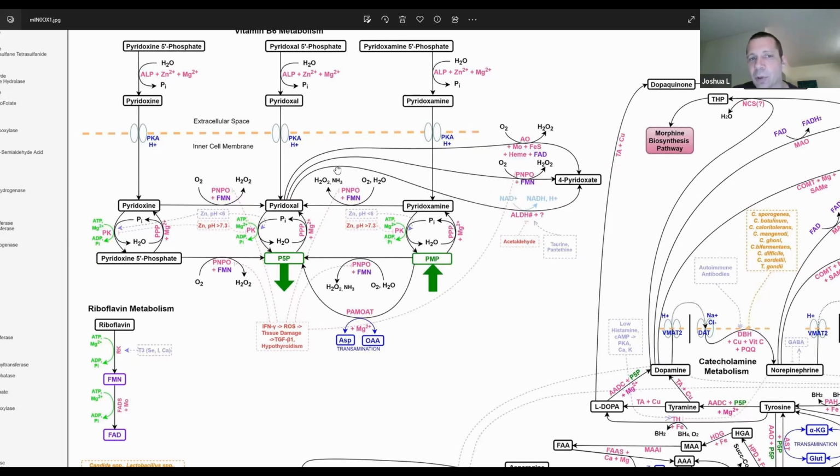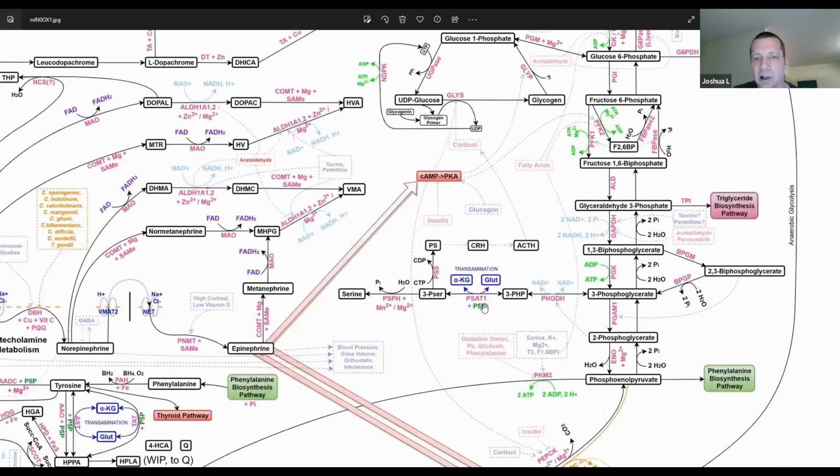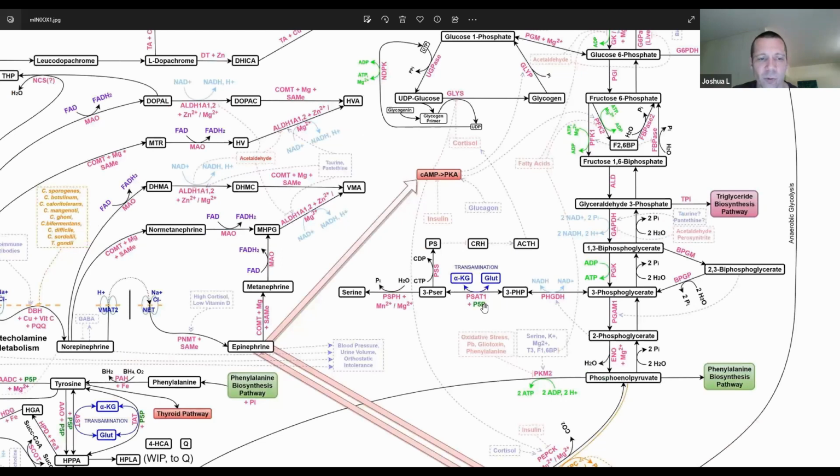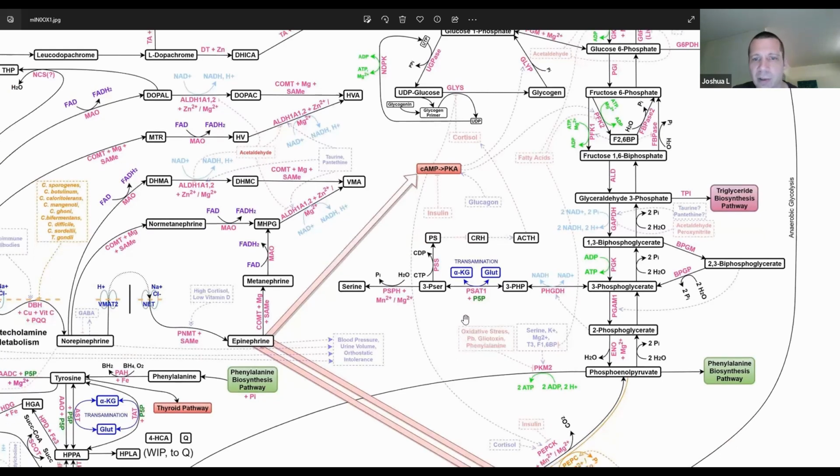So we end up with this elevation of B6 and a decrease of P5P, and that reduction of P5P inhibits all the P5P related reactions, which is really annoying, things like the amino acid decarboxylase, the GAD, converting glutamate to GABA, very, very important things.